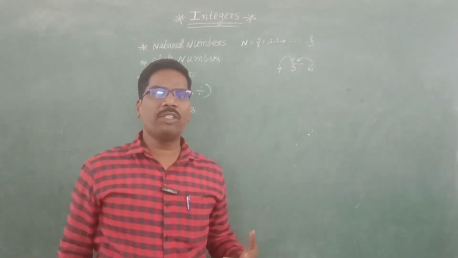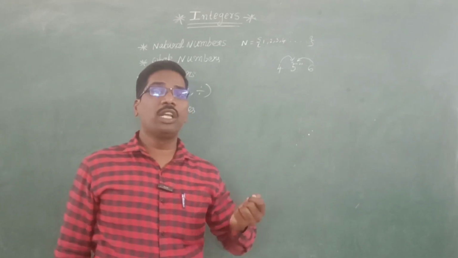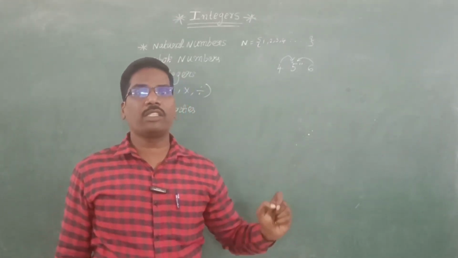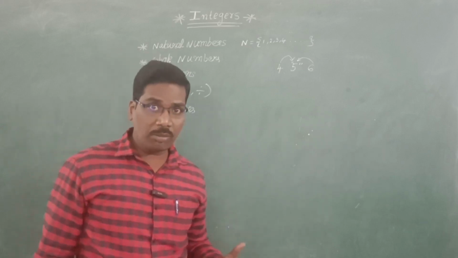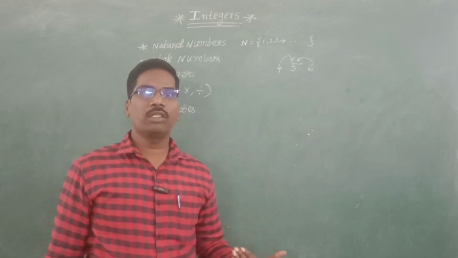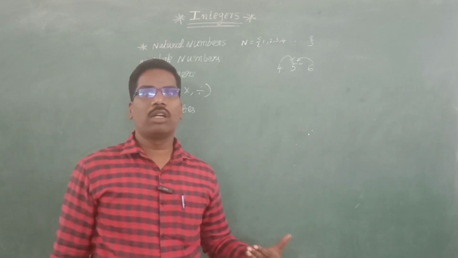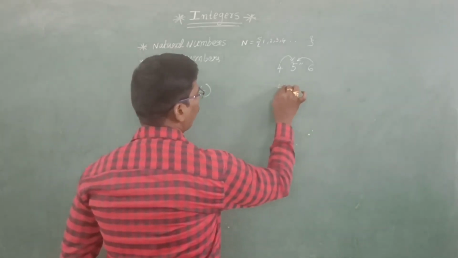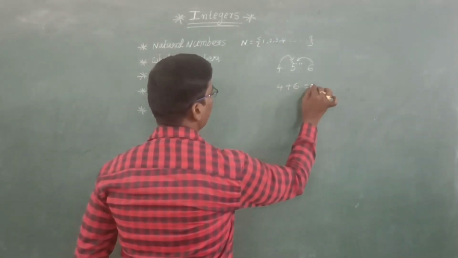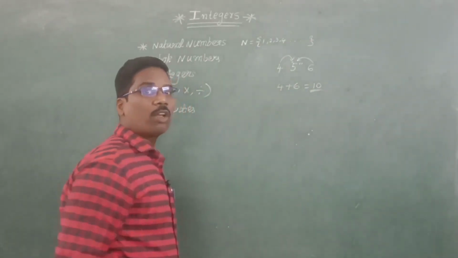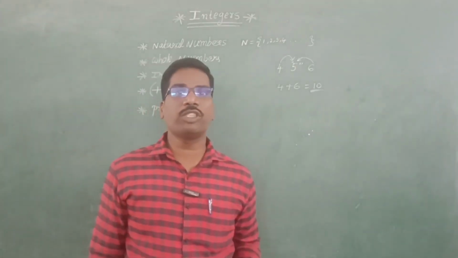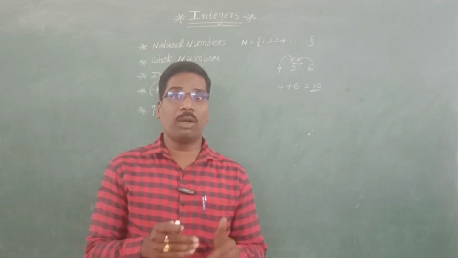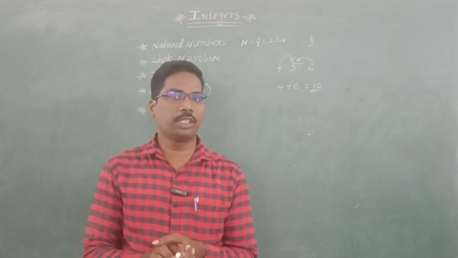In the NMMS exam or any competitive exam, if they ask the sum of successor and predecessor of a given number, the answer is double of the number. Here 4 plus 6 is equal to 10, which is the double of 5. The concept is very easy, but we have to learn the application part for the NMMS exam.